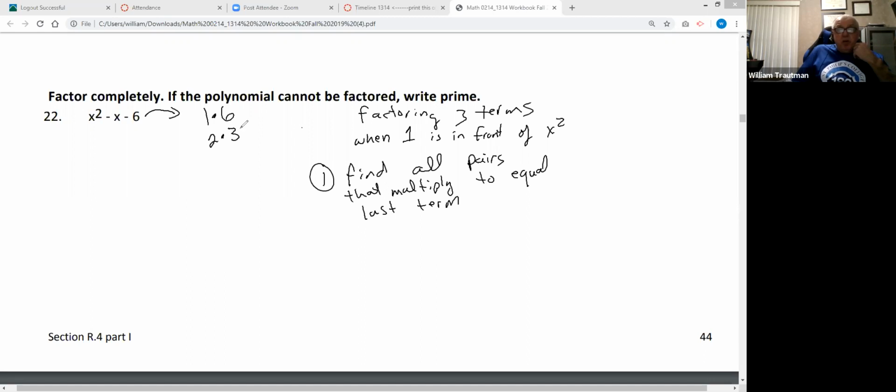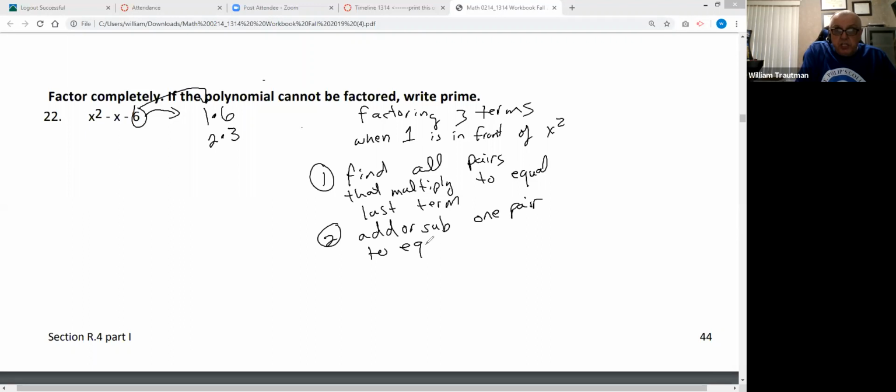So step 1, find all pairs that multiply together to equal the last term. The last term is 6. So 1 times 6 is 6, and 2 times 3 is 6. Step 2, add or subtract 1 pair to equal the middle term.